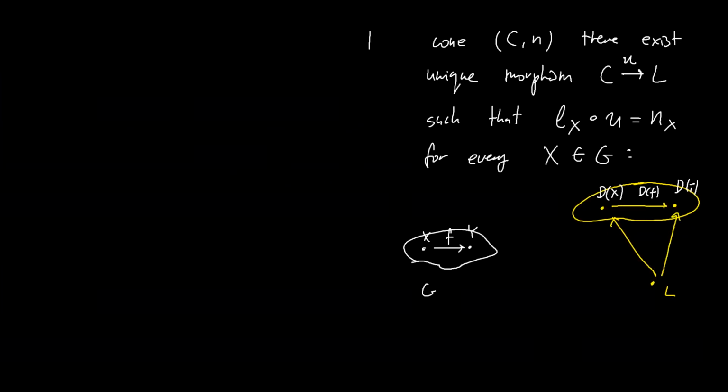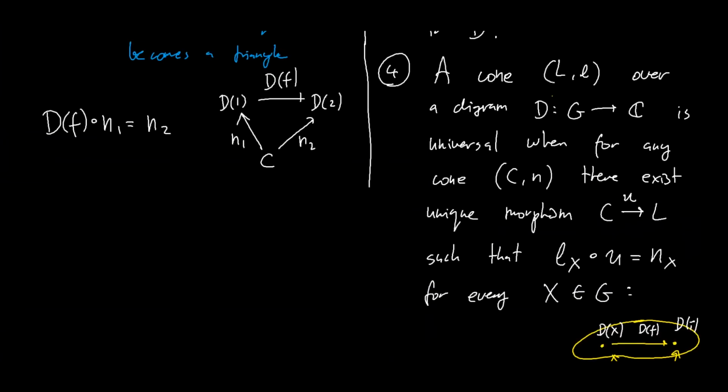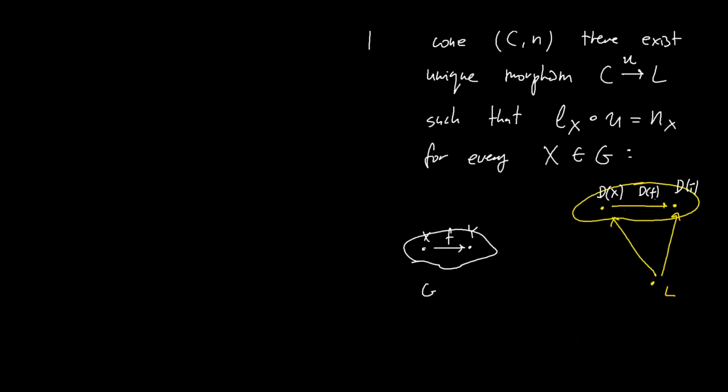So the cone consists of an object L and this natural transformation from the constant diagram to the other diagram. So it will consist of the morphisms Lx and Ly, right? Being a cone means that this triangle will commute for every F in the graph.